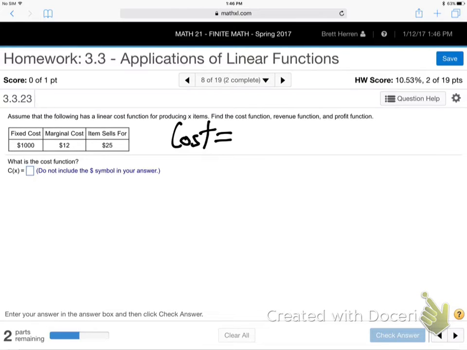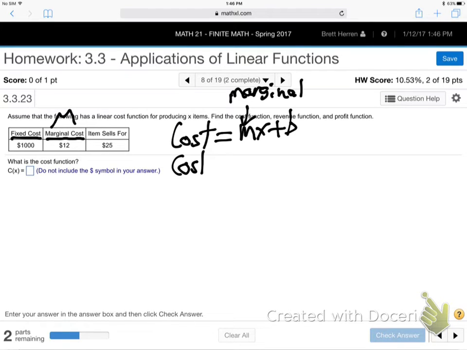To remember, there's 2 parts to the cost function. There's fixed and marginal. Here's a good way to memorize that. Marginal has the m, it's slope. It's basically slope. You like the y equals mx plus b thing, right? If you just think mx plus b, this is always the marginal. I don't think that's what the m really stands for, but we'll use it.